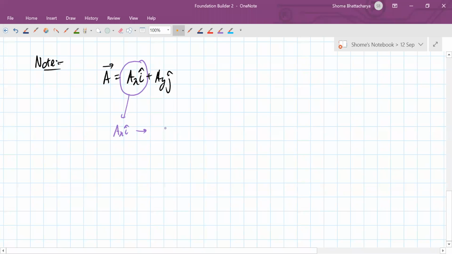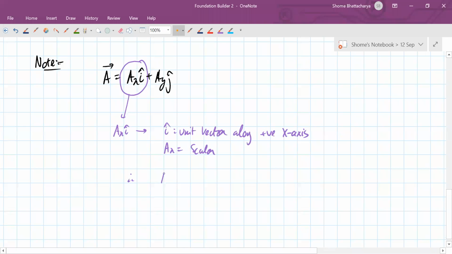I cap is a unit vector along positive x-axis, and Ax is a scalar.